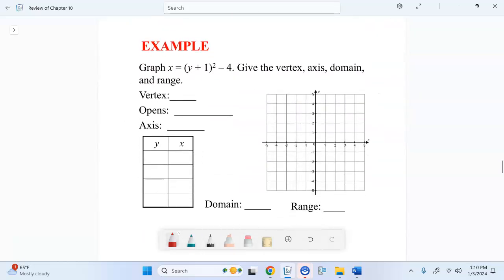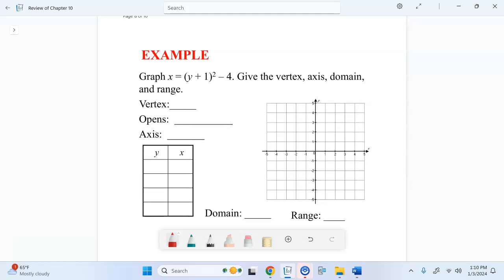So when we're looking at the formula and we want to identify some of these key features, it's the same idea, but we're just switching the x and y's location and then having to readjust it for our ordered pair. So if we have our formula, x equals a(y minus k) squared plus h, we can look at our formula and identify the vertex.